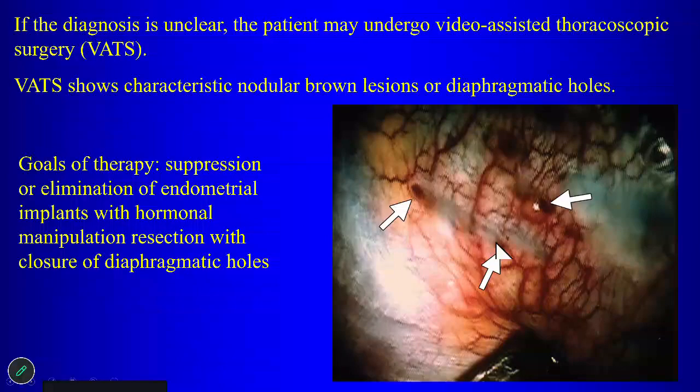Here on VATS, this is what those lesions look like. Treatment is suppression or elimination of endometrial implants with hormonal manipulation, and resection and closure of diaphragmatic holes, because it's holes in the diaphragm that allow the endometrial implants to get into the pleural space.